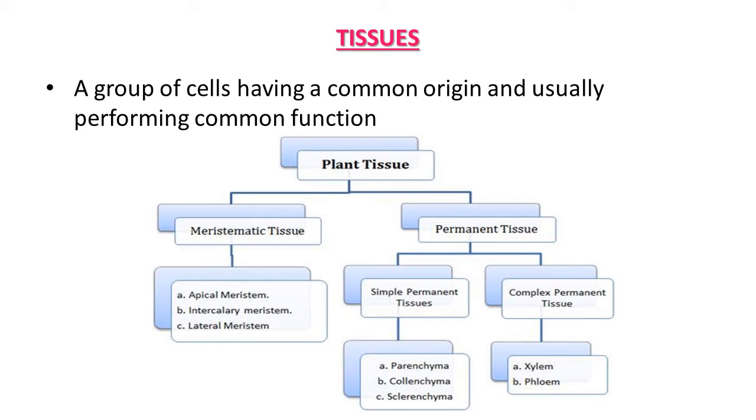Permanent tissue has two main types: simple permanent tissue and complex permanent tissue. Simple permanent tissue is further classified into three types: parenchyma, collenchyma and sclerenchyma. Complex permanent tissue is classified into two types: xylem and phloem.